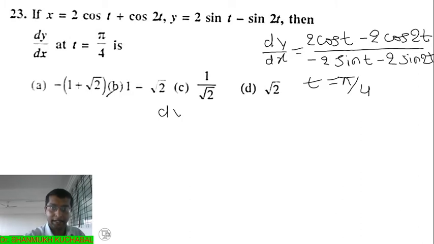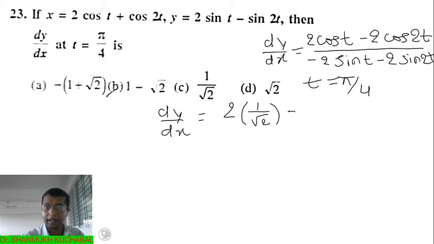So we can write dy upon dx equal to 2 times cos pi by 4, which is 45 degrees, 1 by root 2. Next minus 2 into 2 times pi by 4, the 2 cancels, cos 90 degrees is 0.